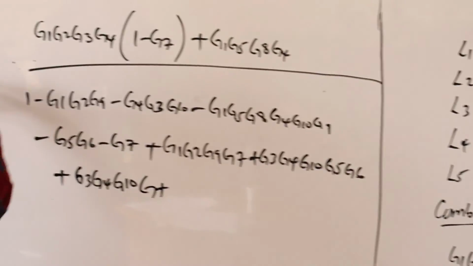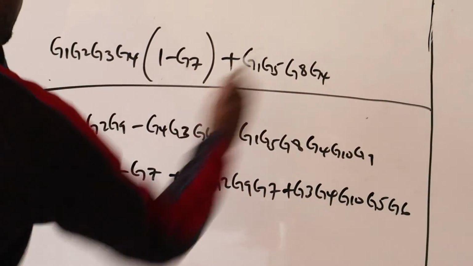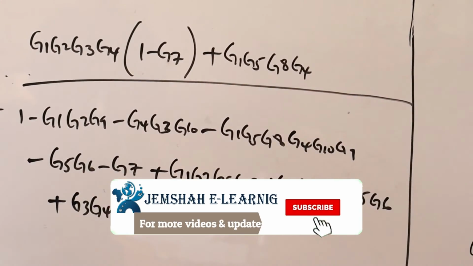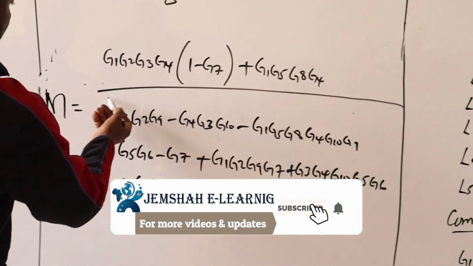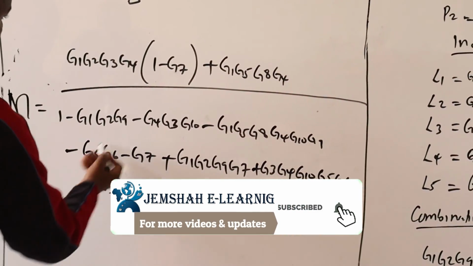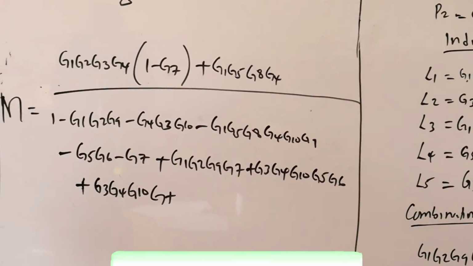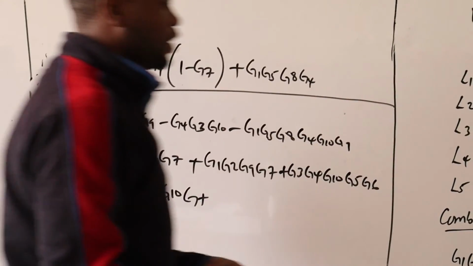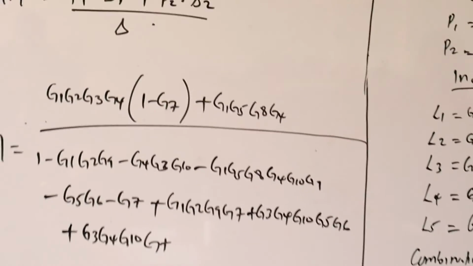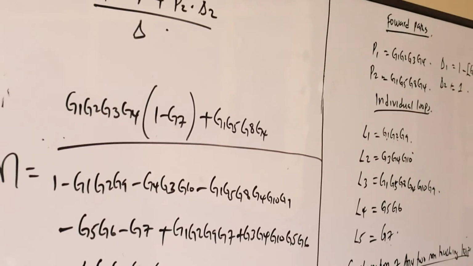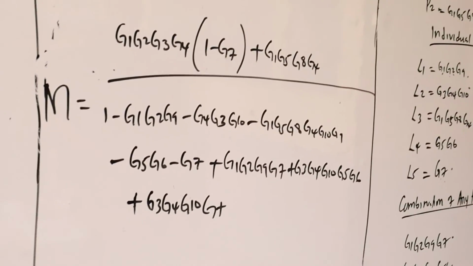And of course, this one will be the numerator. You can expand it, but that one will not make any big difference. So this one is the denominator, while that one is the numerator. And you shall have obtained the transfer function by inspection or by the use of Mason's gain formula.